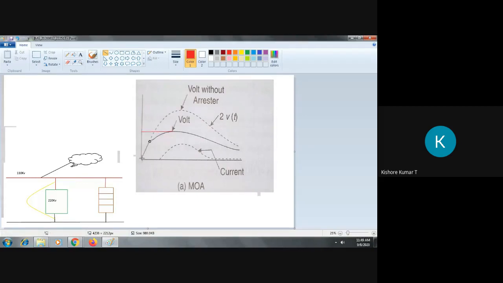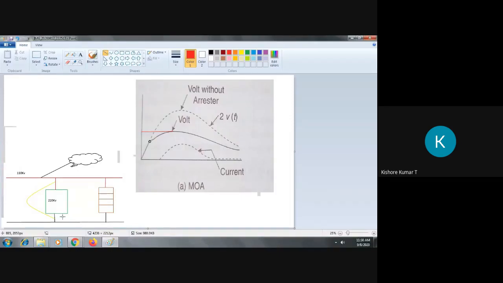Now if you see the operation here, this metal oxide lightning arrestor will come into operation at the very instant of surge voltage, rise in voltage level. So due to which there is no rise in potential of the equipment more than the withstandable value, due to which there is no chance of getting arc across the equipment.